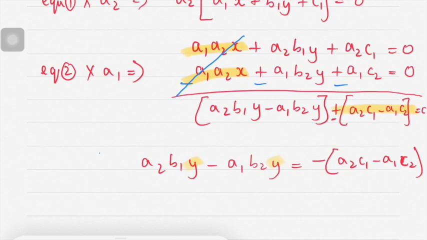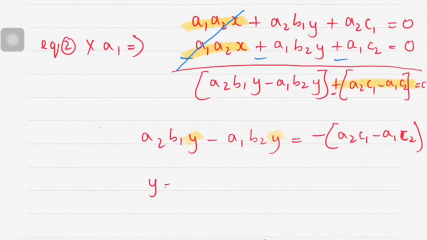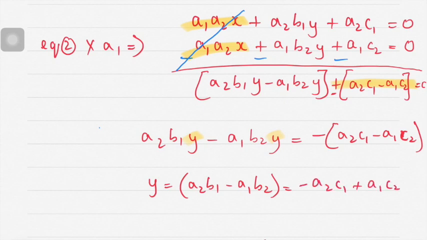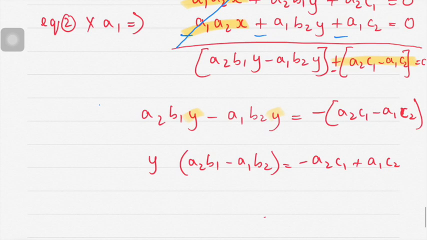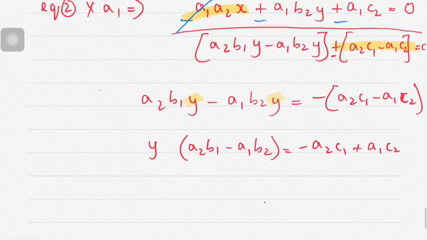Y is common here, so I'll take it out. So y times a2b1 minus a1b2 is equal to, I'll open this bracket, minus a2c1 plus a1c2. Sorry, just y I am taking out; y is common, and the remaining is inside.